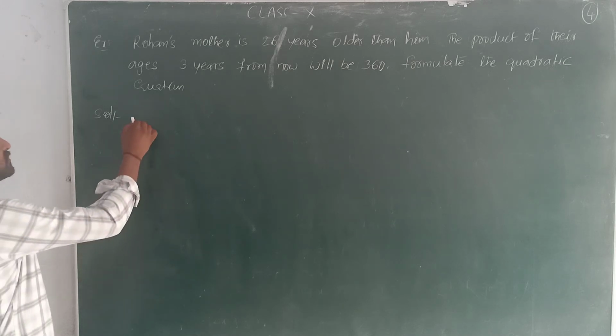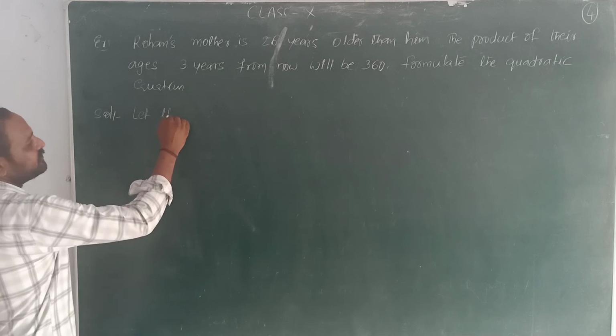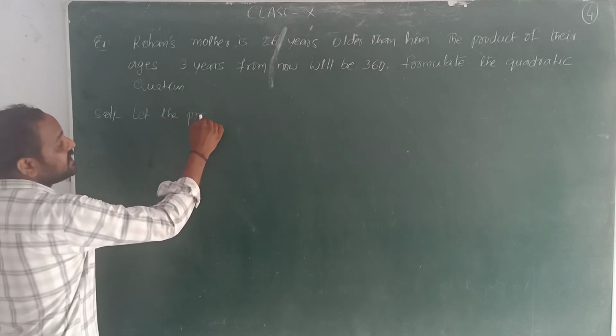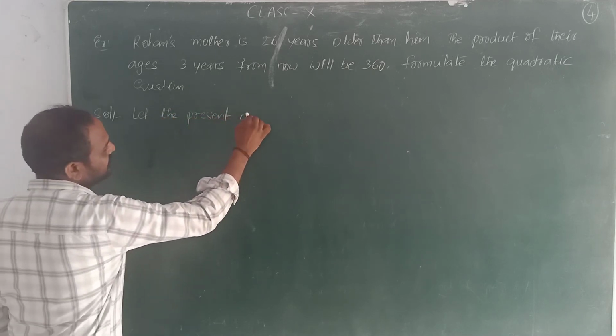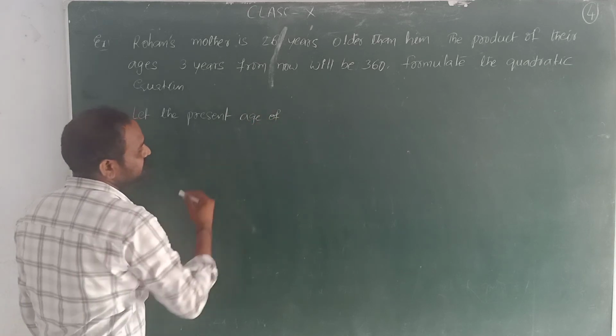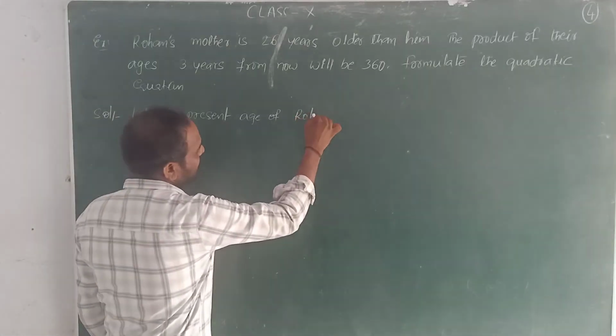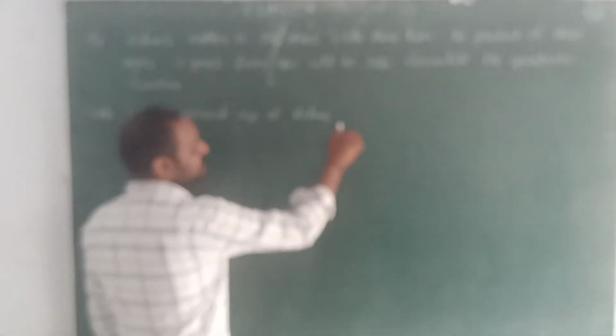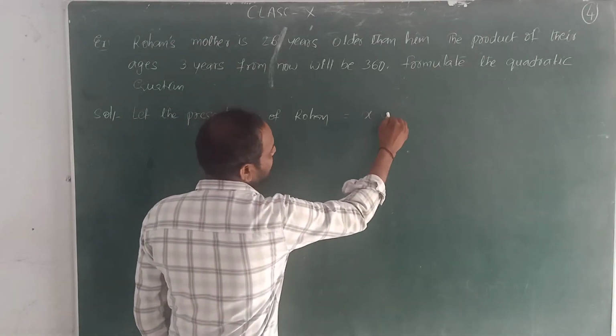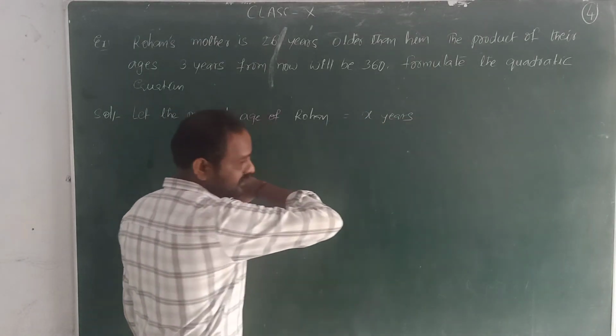So that is why we have to assume that Rohan's age is how much? X years. So let the present age of Rohan be, say, X years.